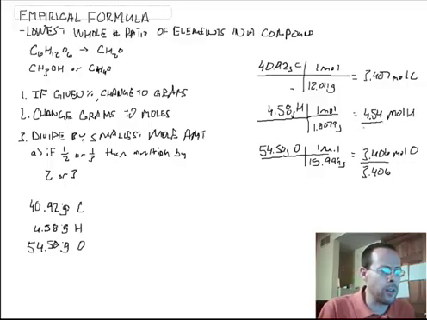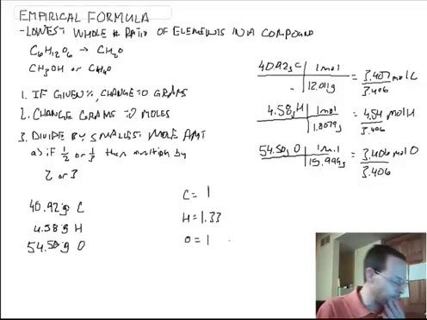So when we divide by the smallest, we are going to get, hopefully, a simpler ratio, because all these are going to end up being something to 1. So carbon to oxygen becomes 1 to 1. Hydrogen becomes 1.33 to 1. And oxygen obviously becomes 1 because we're dividing by itself.